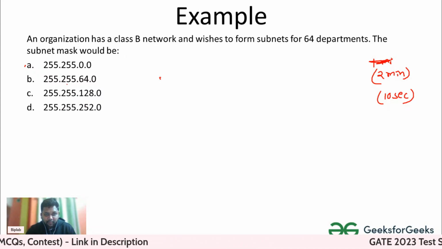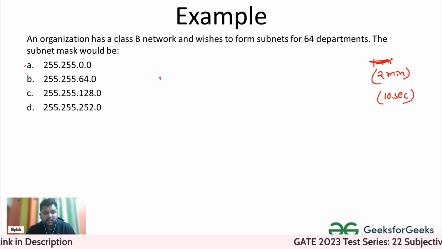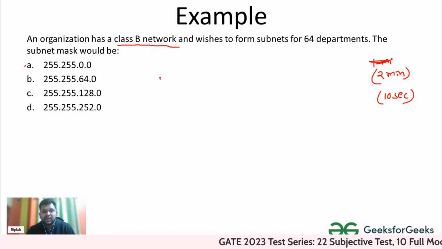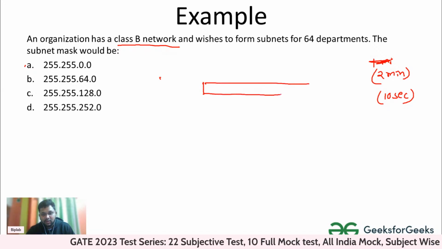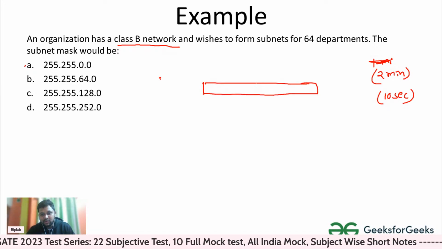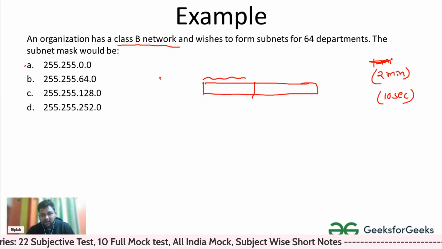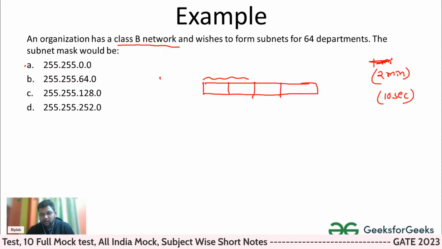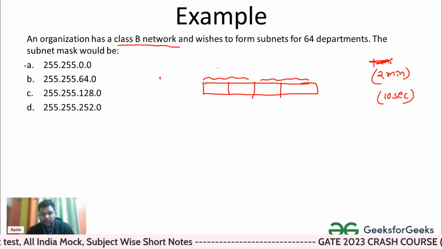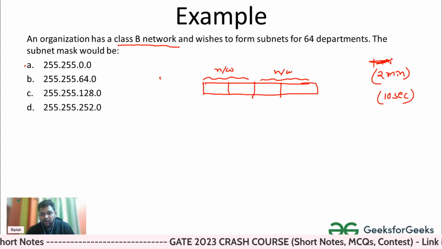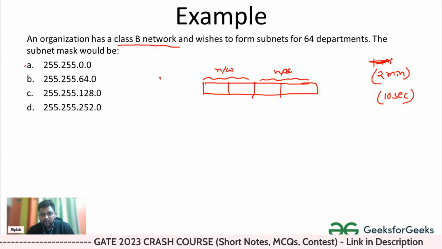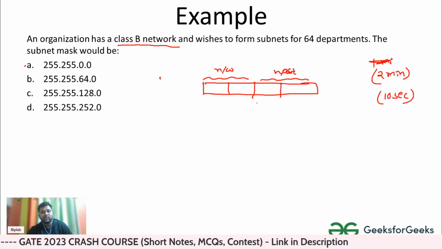So what they are saying is the organization has a class B network. Class B network means, let me visualize here, the first two octets are your network ID and this should be my host ID. This is my host, this is my network.